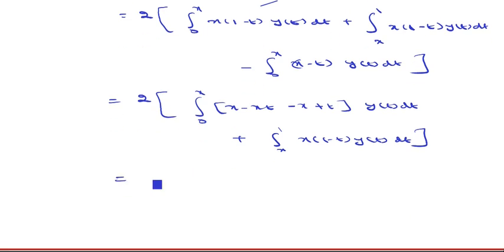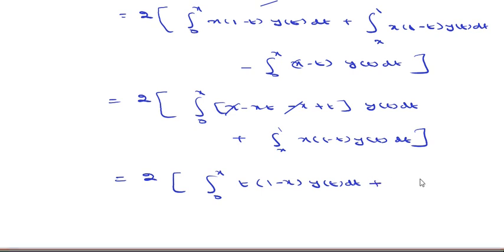So this is equal to 2 times integral 0 to x, where these two cancel, of t times 1 minus x, y of t dt, plus integral x to 1 of x times 1 minus t, y of t dt.